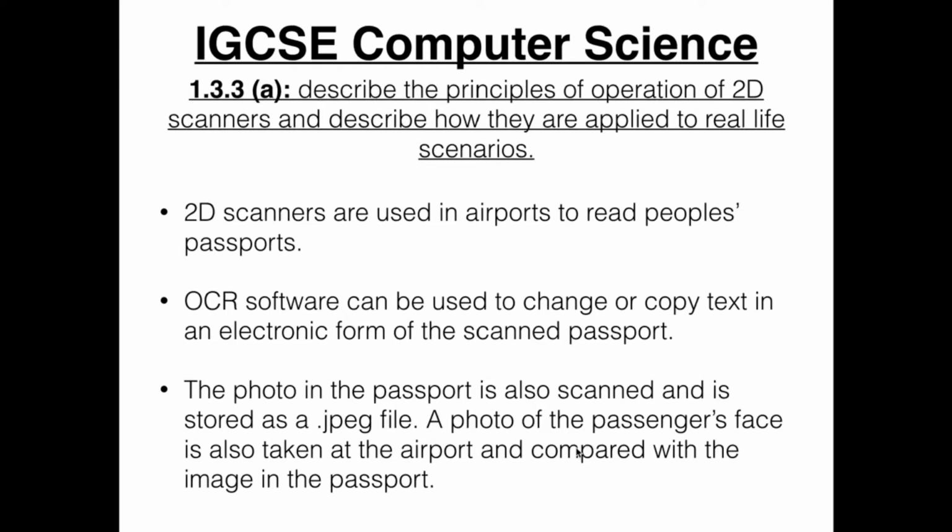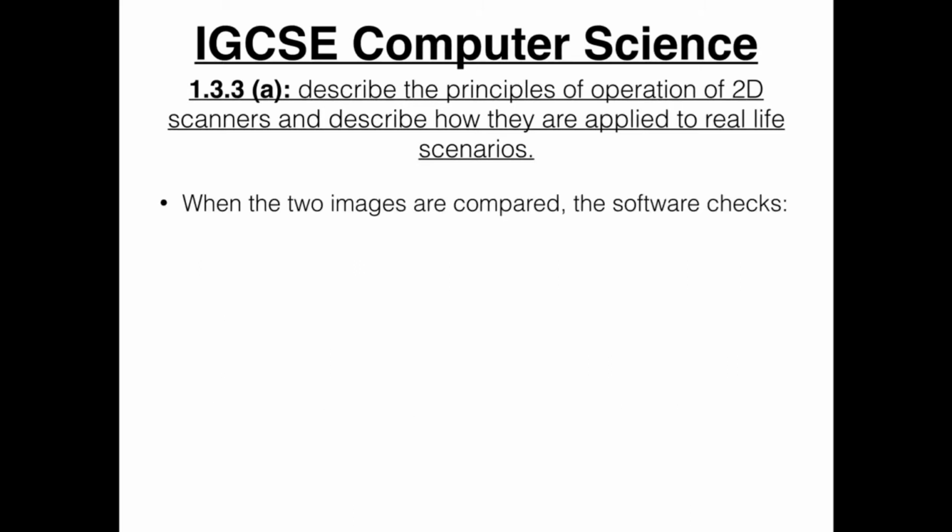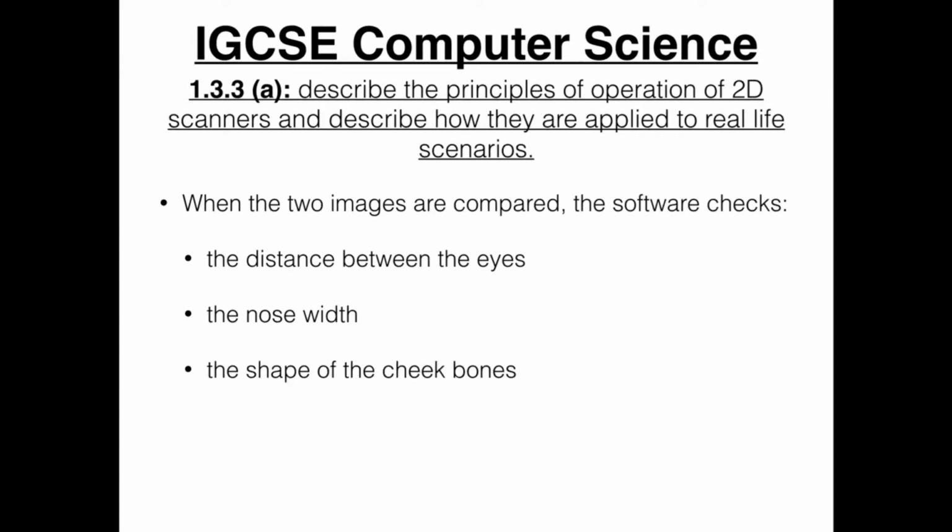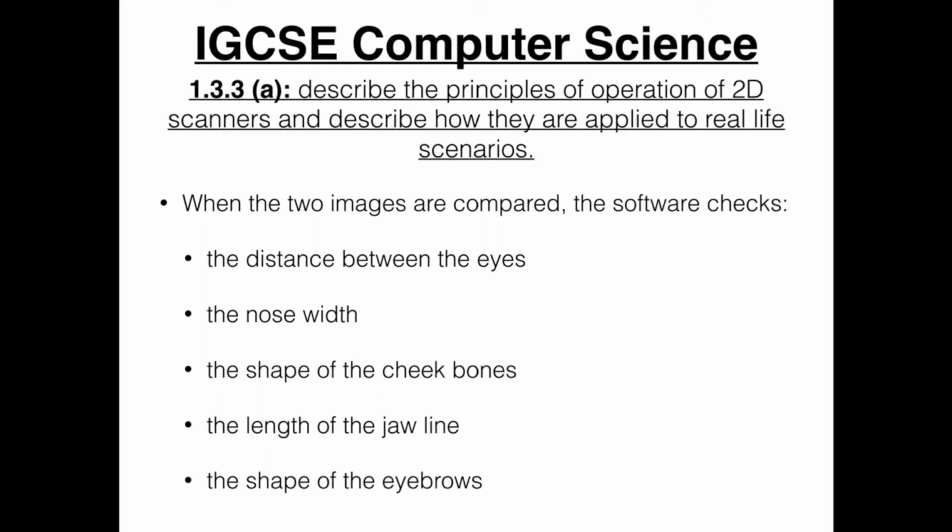A photo of the passenger's face is also taken at the airport, and it's compared with the image in the passport. This is how it works. When the two images are compared, software will check the distance between the eyes in both images, the nose width, the shape of the cheekbones, the length of the jawline, and the shape of the eyebrows.